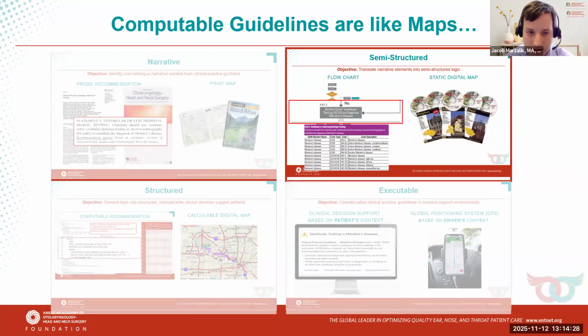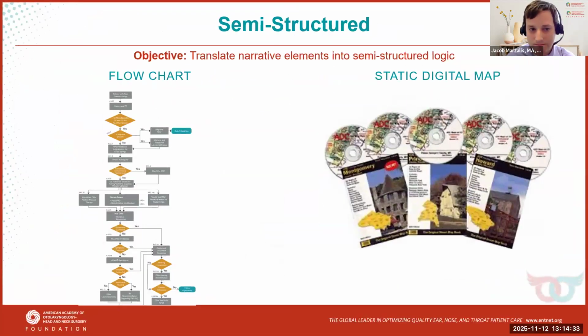The next level is where we make it semi-structured. The objective of this is translating narrative elements into semi-structured logic. This is akin to going from a paper-based map to a static digital map, where it's still static, but digital, like CD-ROM maps. The Academy's clinical practice guidelines do include a flow chart for clinicians to refer to as a visual when they're walking through seeing a patient who has symptoms of Meniere's disease.